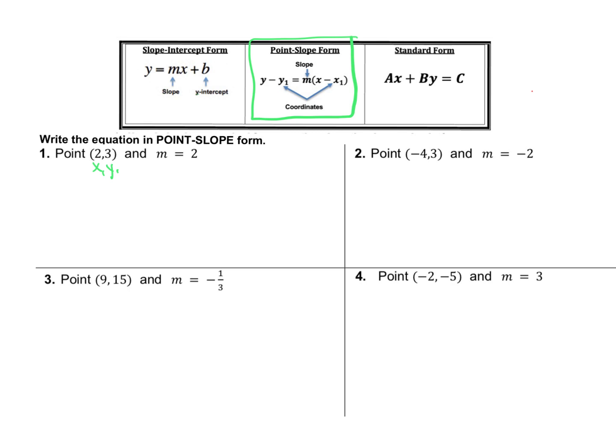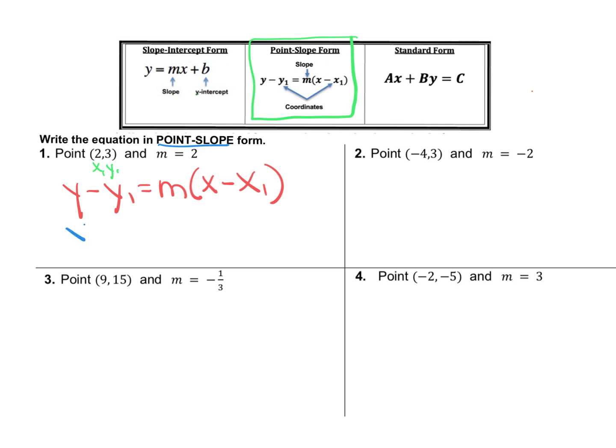So our first step is to write the equation in point-slope form, using our formula y - y1 = m(x - x1). We're simply going to plug in our points.